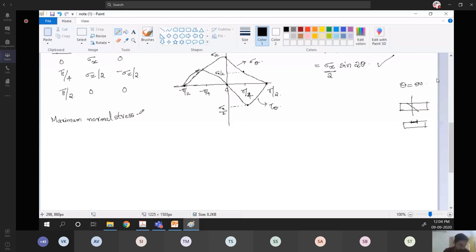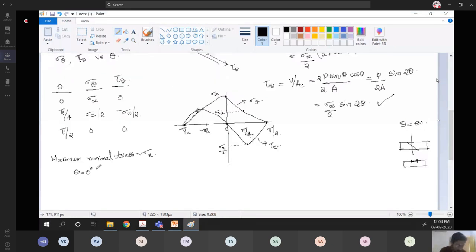With increase or decrease in theta, there is a gradual decrease in the normal stress.